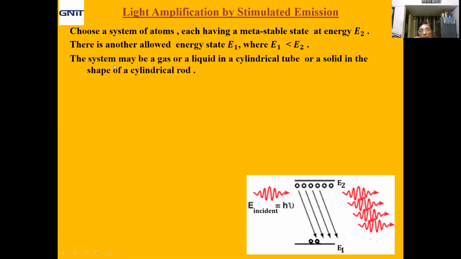Now, what about the system? Let us specify. The system may be a gas, may be a liquid contained inside a cylindrical tube, or a solid in the shape of a cylindrical rod. That means you can use the three states of matter. It may be gas, liquid or solid, but we are restricting the shape to cylindrical form.